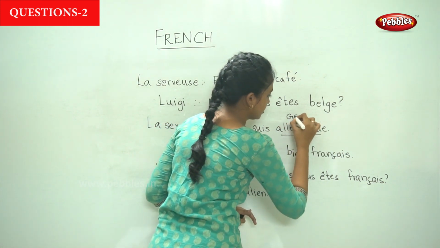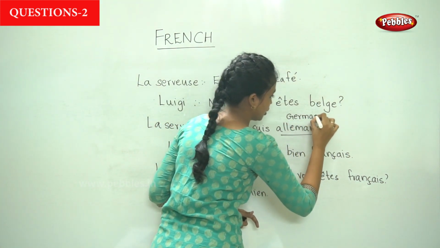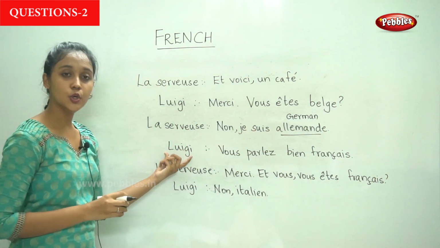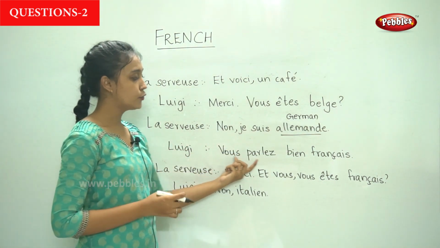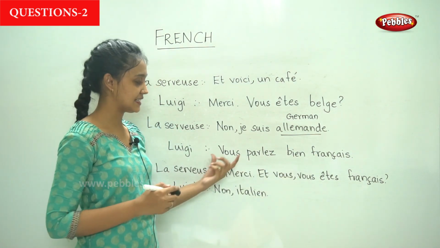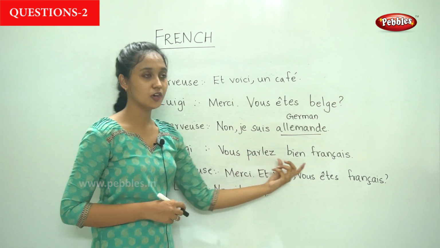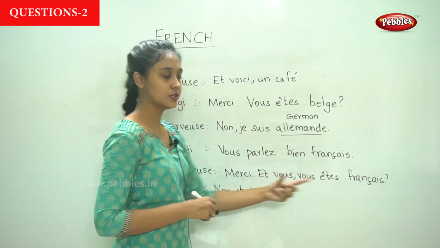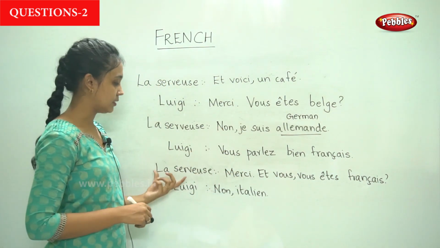She is a German. Je suis allemand. So Luigi says, vous parlez bien français. So you must have understood this sentence. You speak French well. So you speak good French. He is complimenting her.